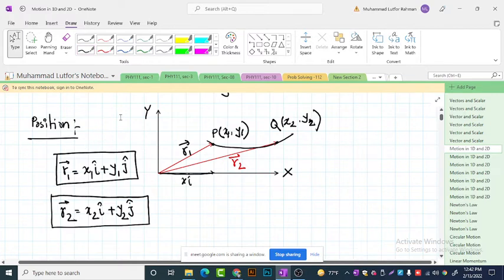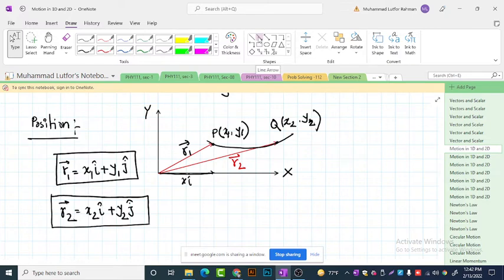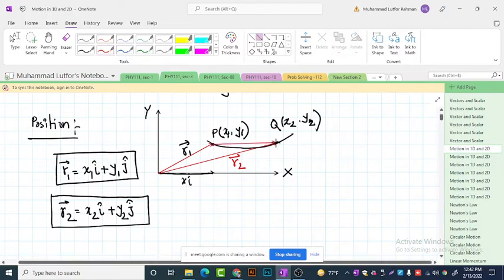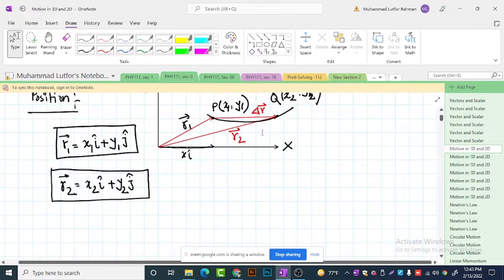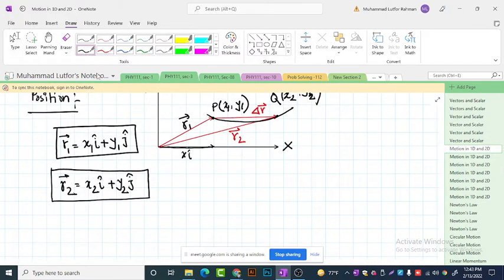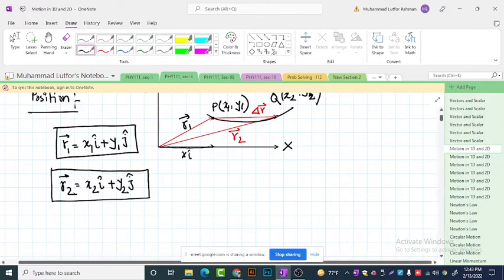Fine. Now the displacement between these two points, P and Q, I am going to write as del r. The distance from one point to the other is a scalar quantity, but the displacement is a vector which has a direction.